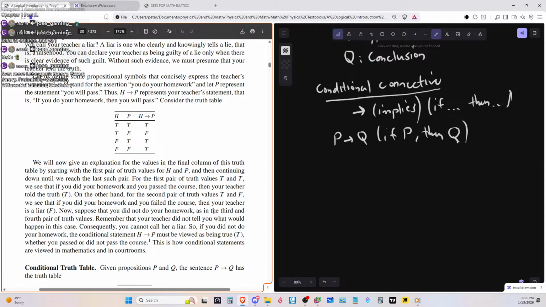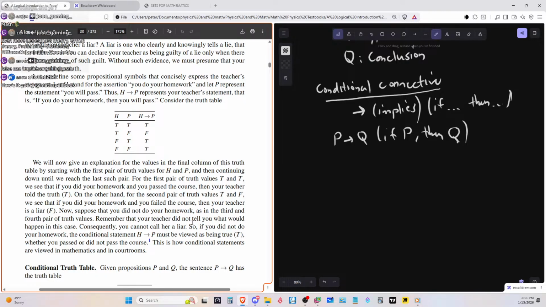Let's read more in detail about this. On the second pair, the value is T and F. You see that if you did your homework and you failed the course, then your teacher is a liar. Now suppose that you don't do your homework, as in the third or fourth pair.